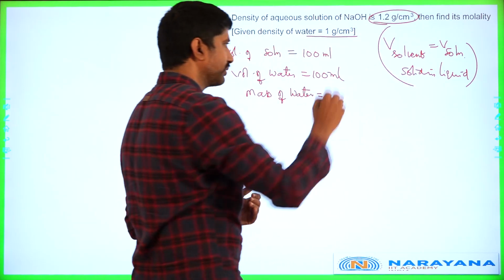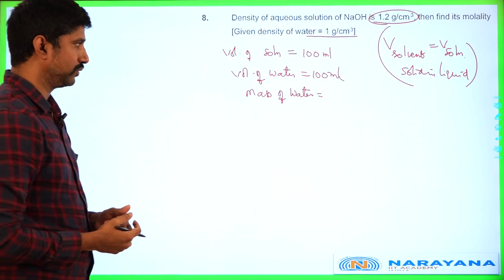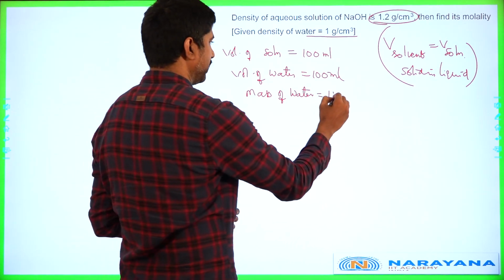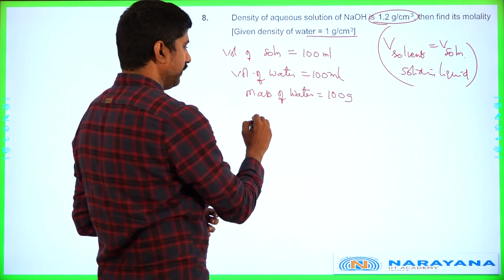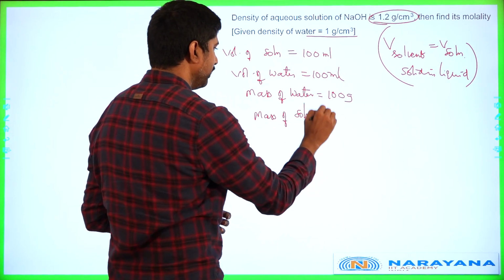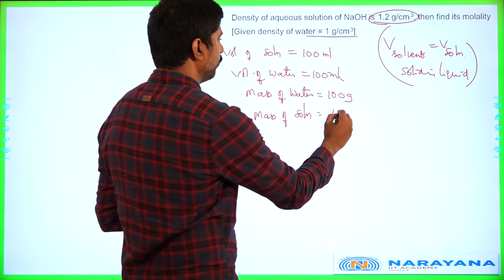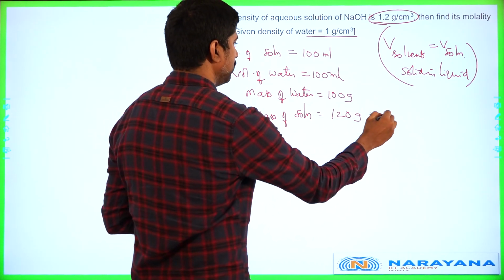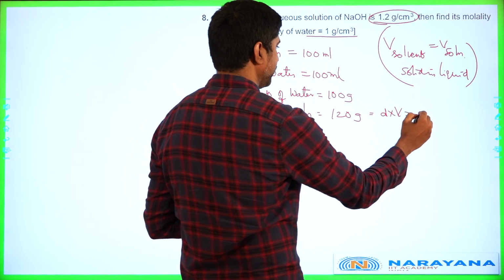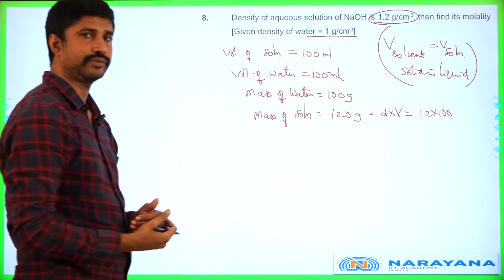We will take this approximation. So mass of water for 100 ml is 100 grams, and the mass of the same quantity of solution will be 120 grams, because density into volume, density 1.2, volume 100, gives 120 grams.